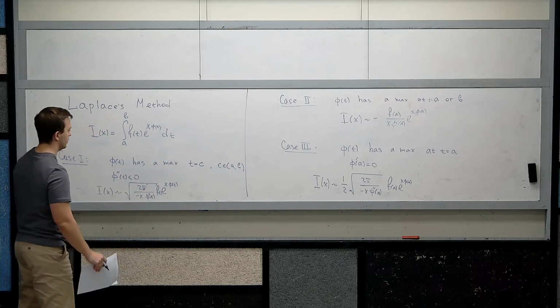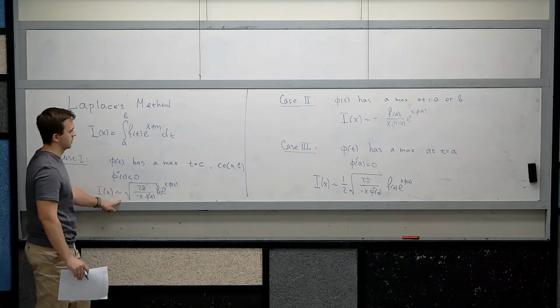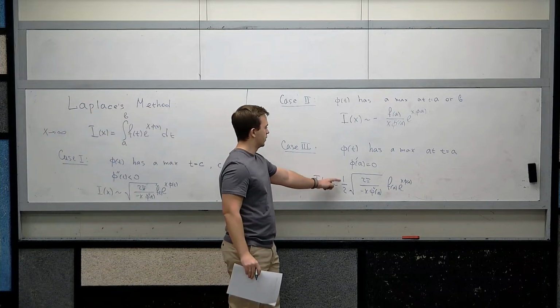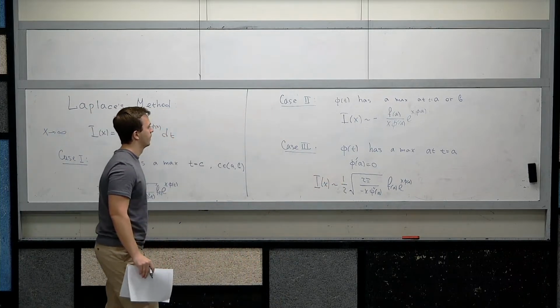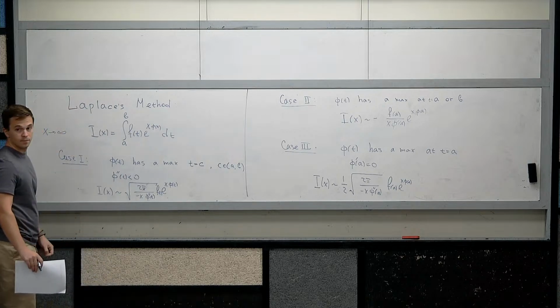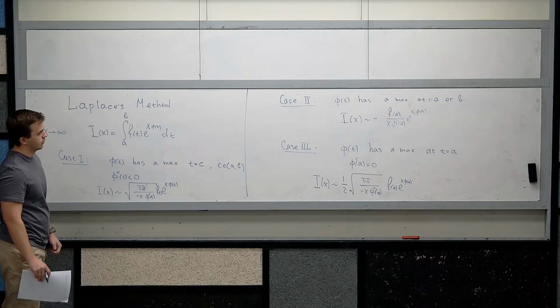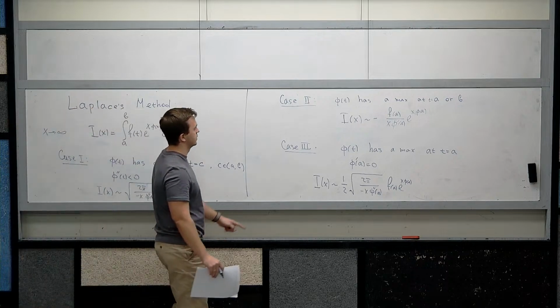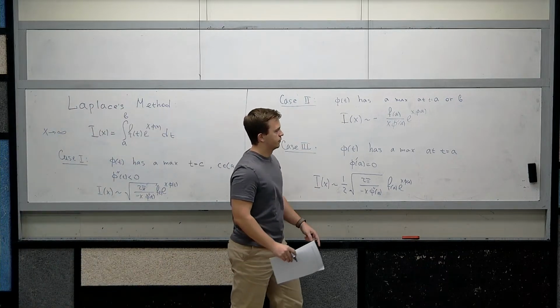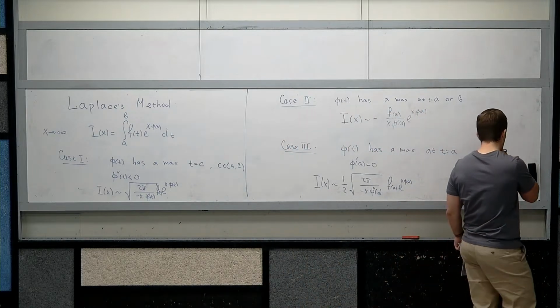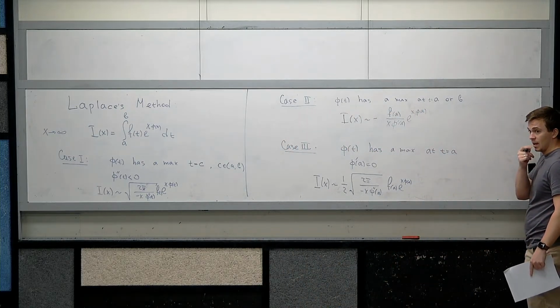Okay. So the only difference is in this one half coefficient. What's the difference between case 2 and case 3? In case 2, it has a maximum at t equals A or B, and case 3 is where it has a maximum of phi of t.